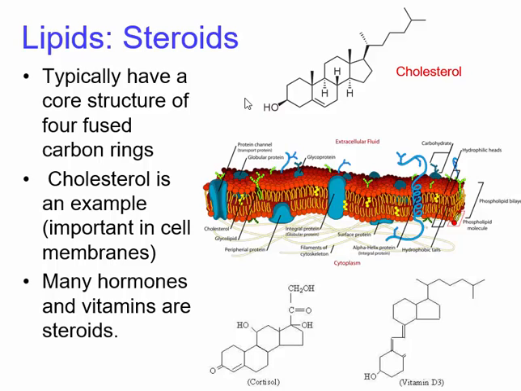Many hormones and vitamins are also steroids, so we see some examples here. Again, here's that 4-ring structure. Vitamin D3 almost has that 4-ring structure, but not quite. But if you see these kinds of chemical structures, usually you're thinking hormone or vitamin, steroid, and lipid.